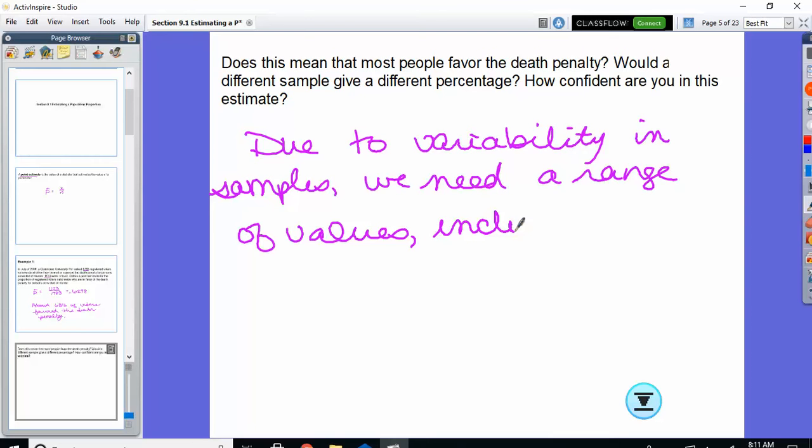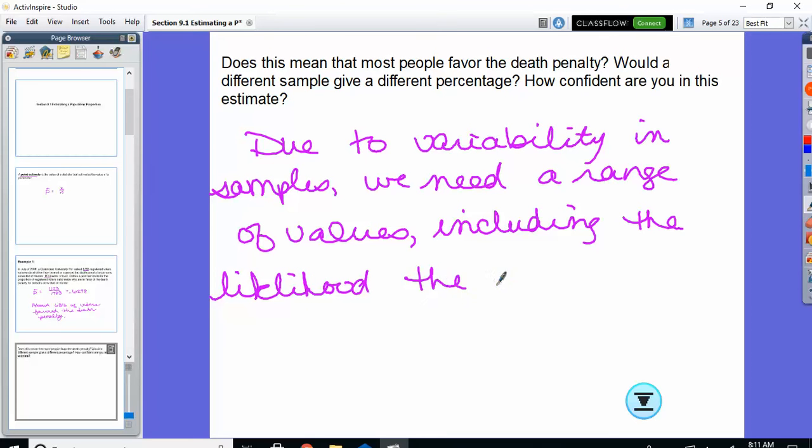And with that, we have to include the likelihood the interval contains the unknown proportion.